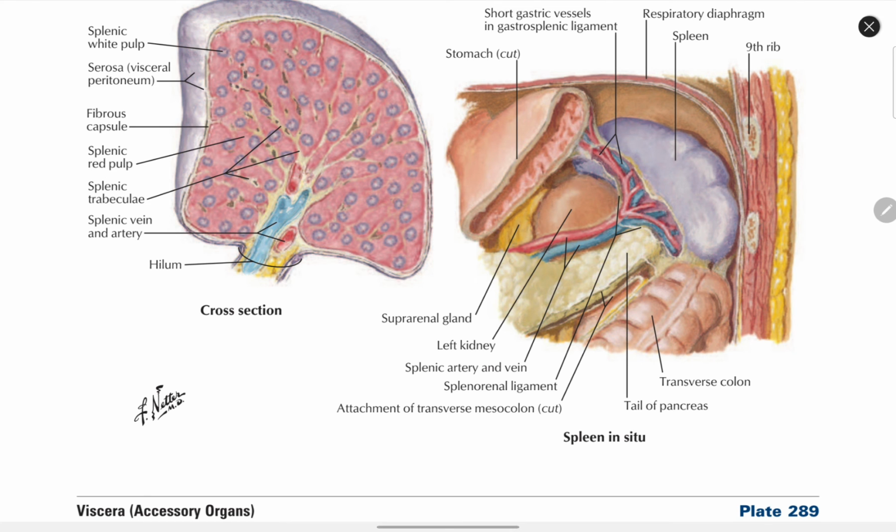When the spleen is surgically removed, it is called splenectomy. The spleen can be punctured through the left 9th or 10th intercostal space in the midaxillary line using a lumbar puncture needle. That is called the splenic puncture.